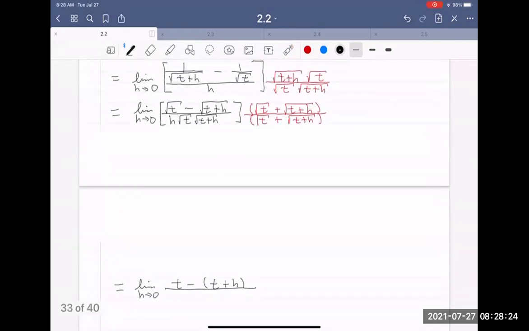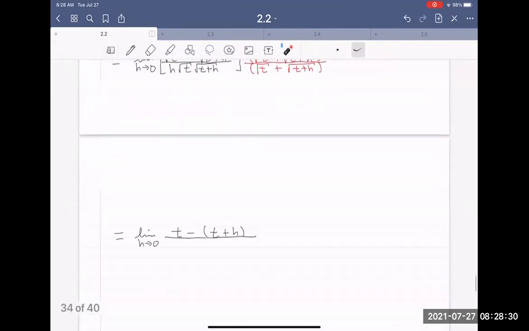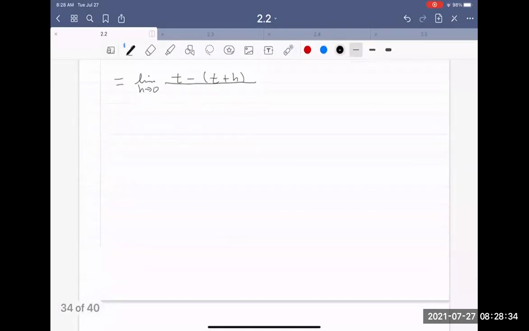And in the denominator, it's just going to be this product here, divided by h radical t plus h times the quantity radical t plus h plus radical t.